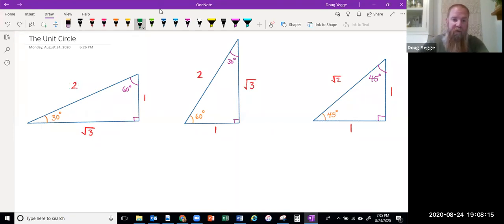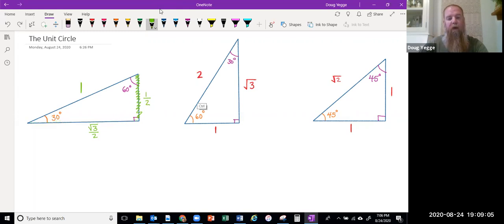So we're going to simply divide this by 2, and divide this by 2, and divide this by 2. If we do so, we end up getting side lengths that look a little different than before. With a hypotenuse of 1, the shortest side is 1/2 now, while the longest side is the square root of 3 over 2.